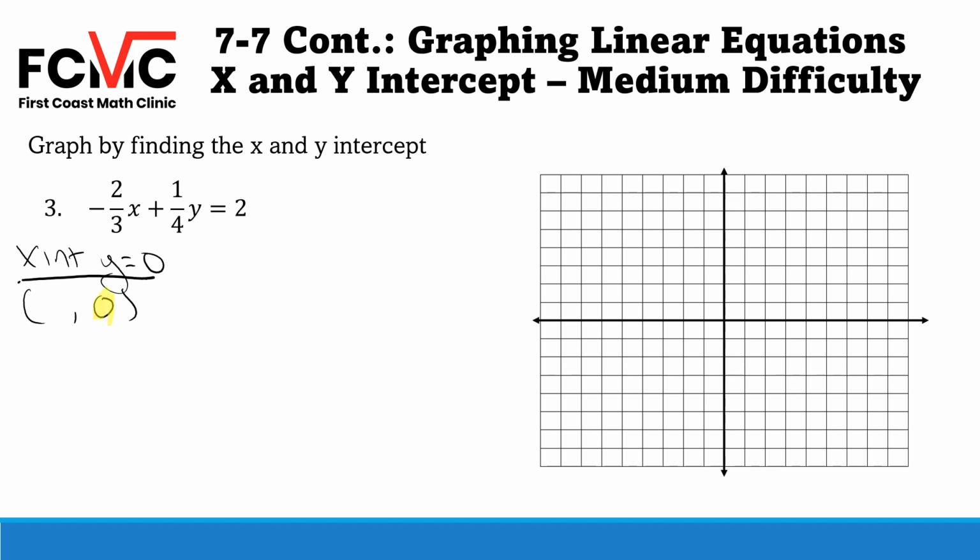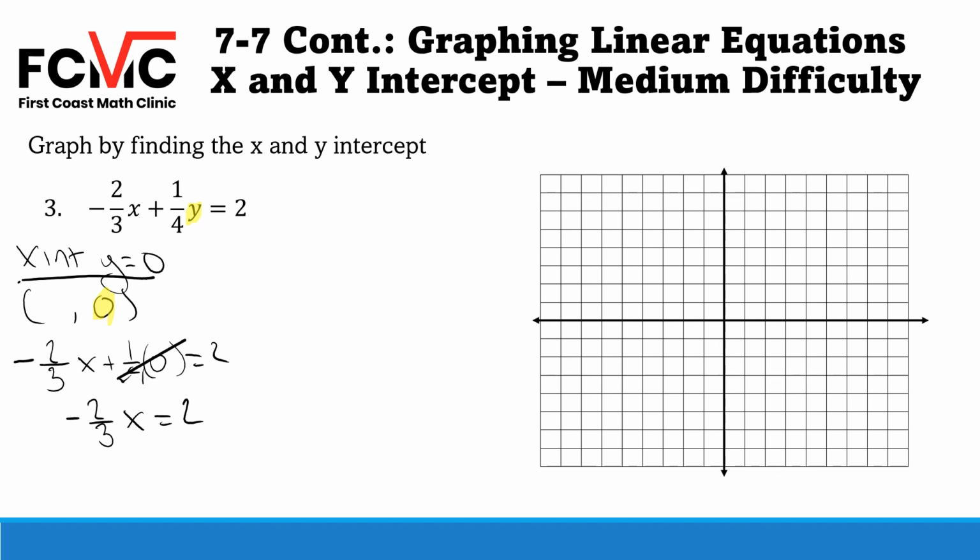So my y value is 0. So my equation should be negative 2/3 x plus 1/4 times 0 equals 2. Well, 1/4 times 0 is 0, so I'm left with just negative 2/3 x equals 2.